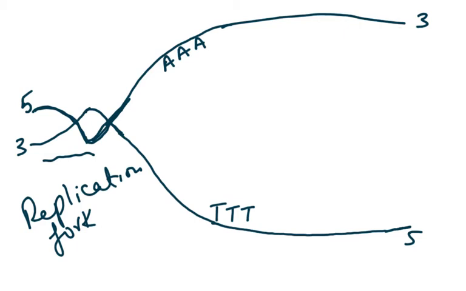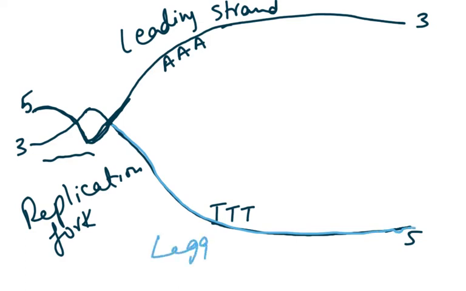Now one of the strands is oriented in the 3 to 5 direction towards the replication fork. This is called the leading strand. And the other, which I'm drawing here in blue, is called the lagging strand.